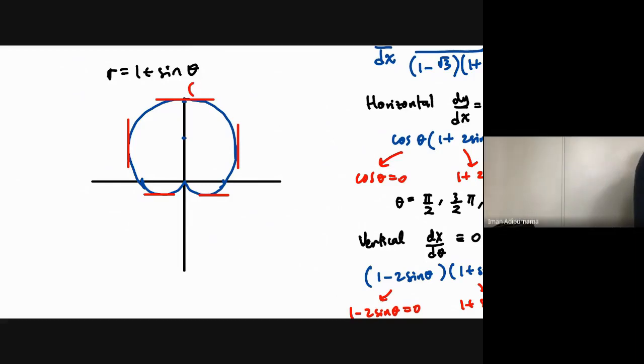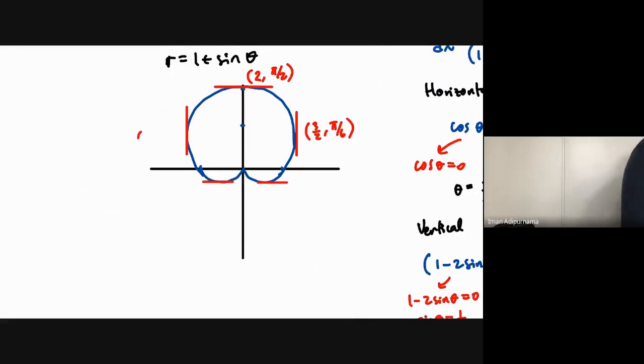This r will be 2. This is pi over 2. This will be pi over 6, right? And this will be the same, and this will be half.